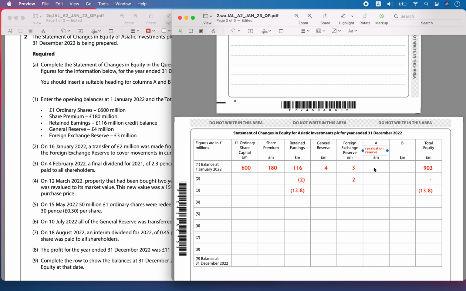You can check out the videos on the types of reserves that are created, given in the description below. So the revaluation reserve was created, and this increase has to be indicated in the statement of changes in equity, and it is indicated in the revaluation reserve.